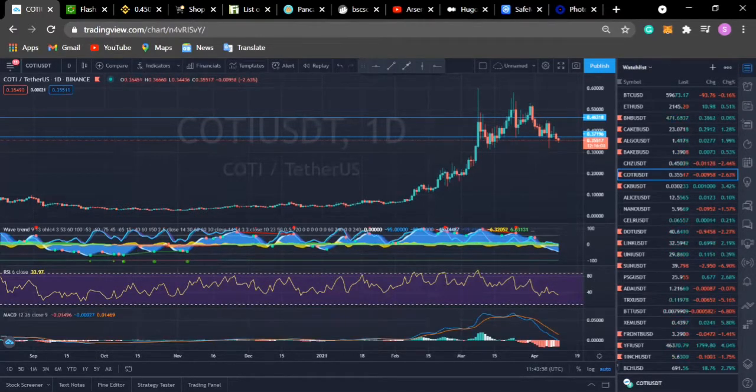Basically, these three indicators are what we're going to be using to actually predict where price is going to go or what's going to happen to price in future. First, I'm going to start with the wave trend oscillator.